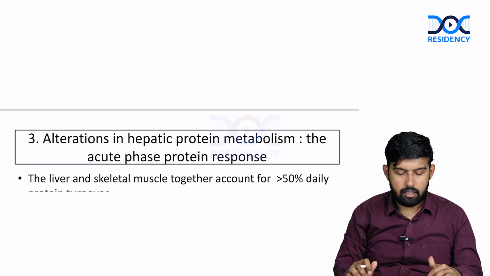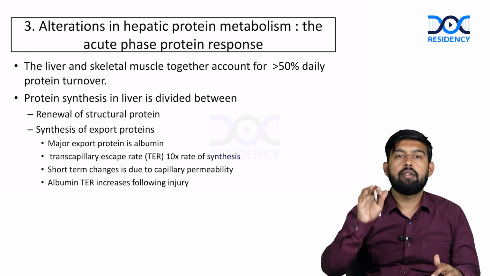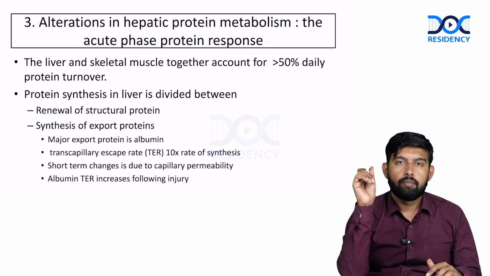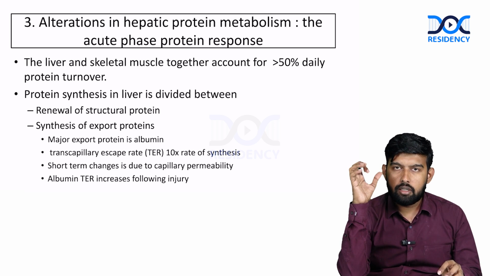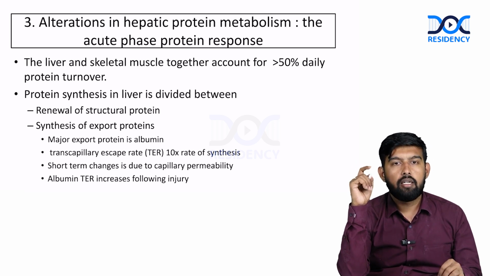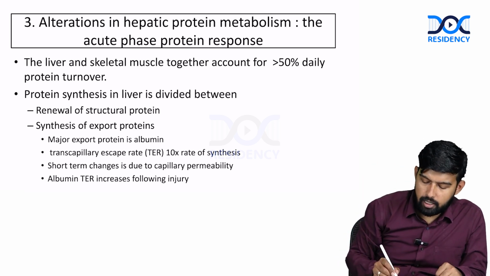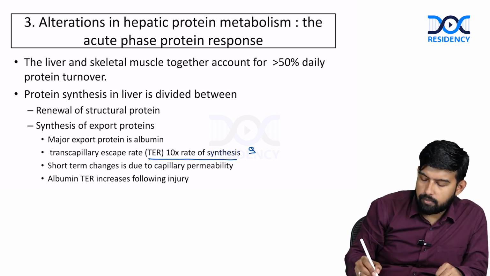So, let us see the third effect, that is alteration in the hepatic protein metabolism. Just remember one thing, that after an injury or trauma or sepsis, there is an increase in the transcapillary escape rate of proteins, specifically albumin.